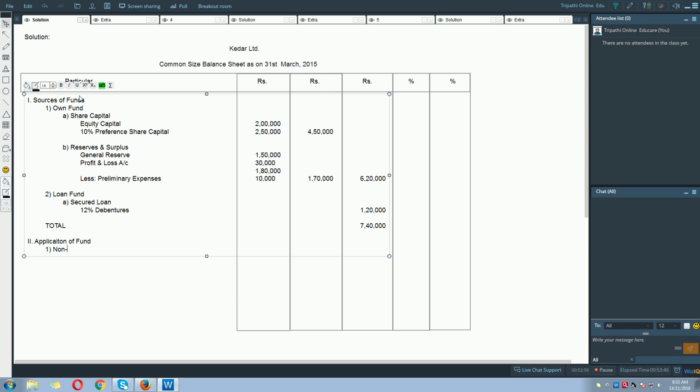We have only one item, so directly we can take this in the outer column, 1,20,000. So the total of the liability side is 7,40,000.